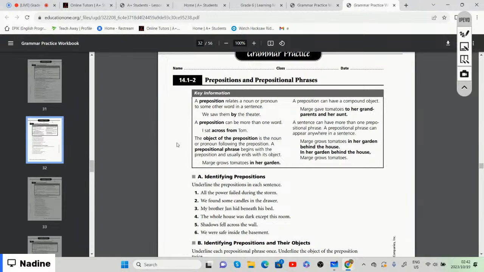All right, so if we continue, we see the preposition can be more than just one word, and we mention across from. And then we see the object of the preposition, which is the noun or the pronoun, following the preposition, and we call that a prepositional phrase. A prepositional phrase begins with a preposition and usually ends with an object.